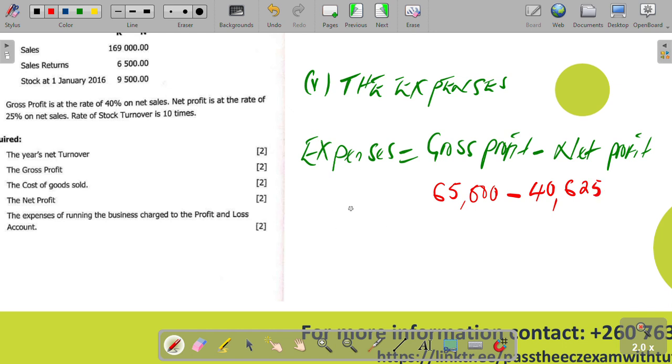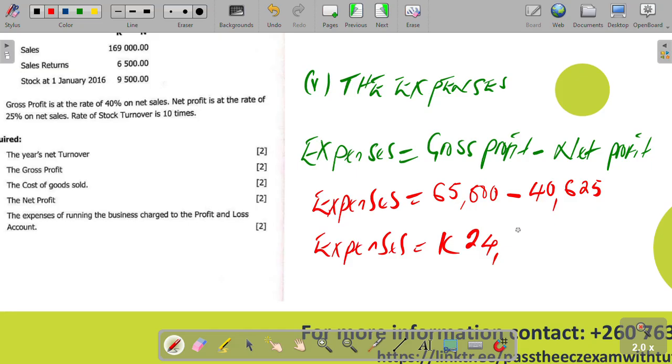So expenses: let's subtract 65,000 minus 40,625. What do we get? We get 24,375 kwacha. So this is our expenses.